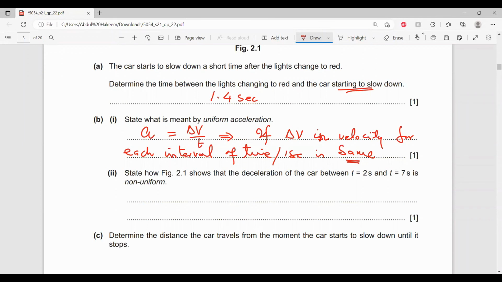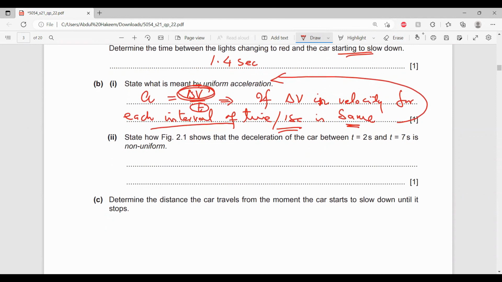Suppose 5 meters per second, next second 5 meters per second, then this is called uniform acceleration. It means the same time and the same change of velocity. Per unit time, in each interval of time, suppose 1 second, the change of velocity is the same. Then the acceleration is uniform.